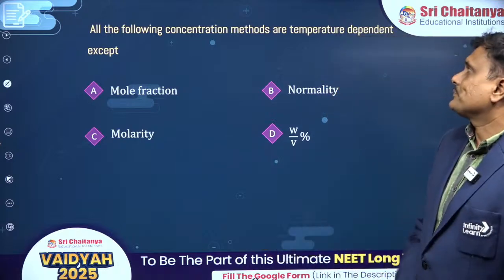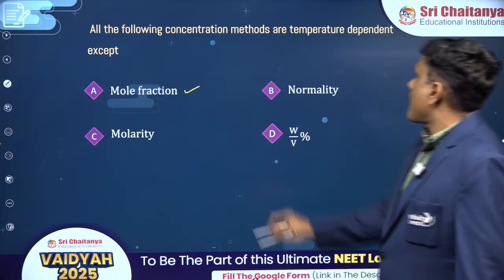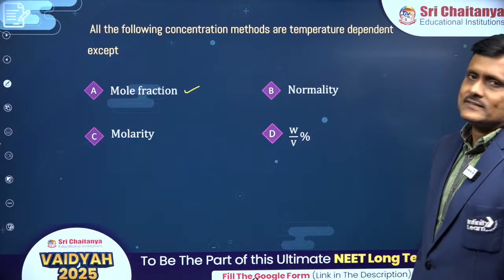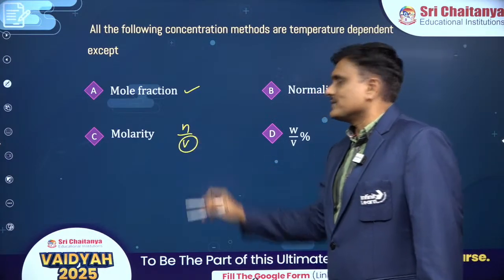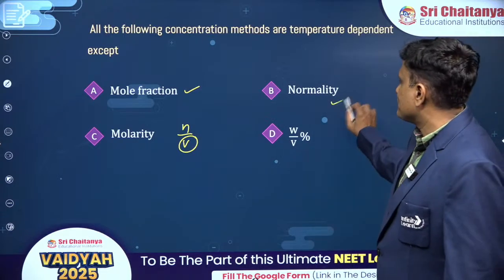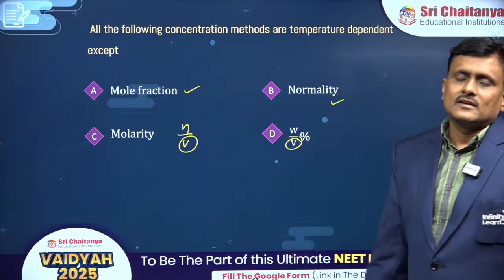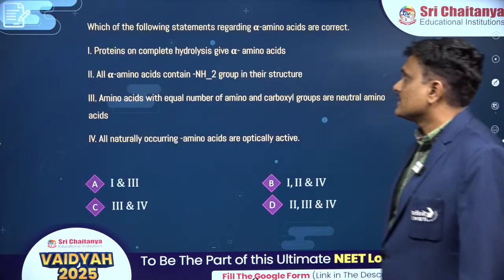Look at these concentration terms: mole fraction is temperature independent, but all the other terms are volume dependent, and volume is affected drastically when temperature is changed. Hence, volume dependent terms are not taken if temperature is involved, and A is taken, right?